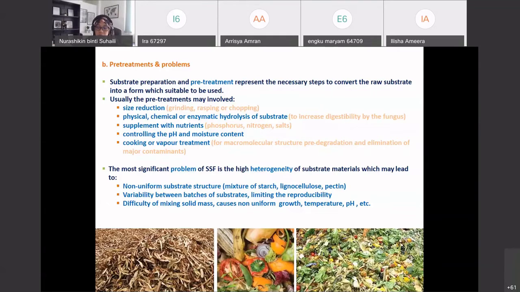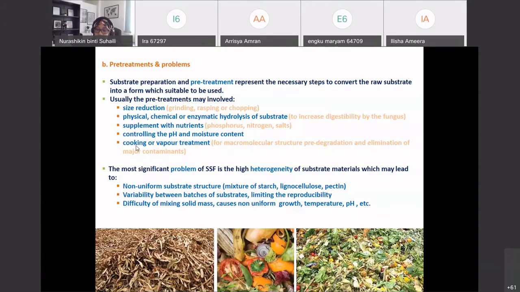Okay, so normally we measure the moisture content in terms of percentage. Let's say 60% volume per weight, for example. Okay, so it's measured in terms of percentage. And then cooking or vapor treatment for macromolecule structure, pre-degradation or elimination of major contaminants.